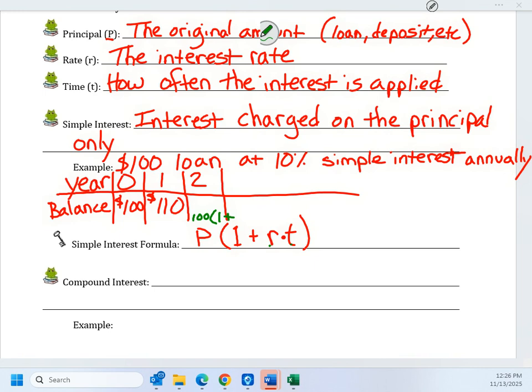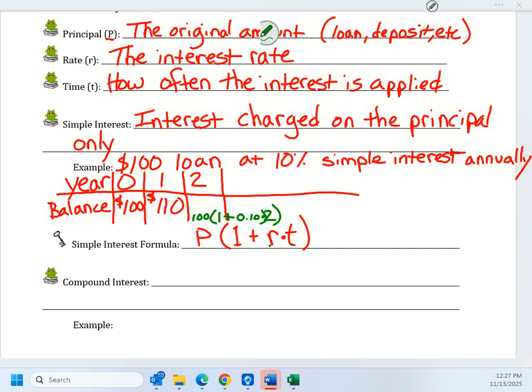So our rate is 10% times the time, well, it's 1 year, annually. It's only 1 year. So it would be 1 plus 0.10, which would be 1.10, times, oh wait, nope, sorry. It would be a 2, you are correct, because it's 2 years. So that 0.10 times 2, thank you.